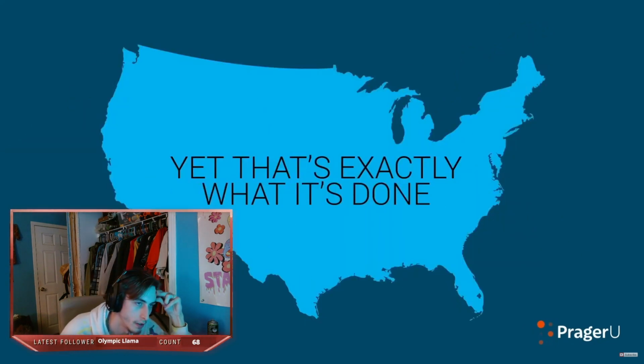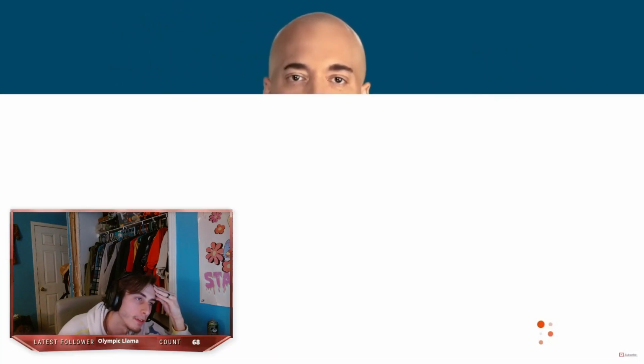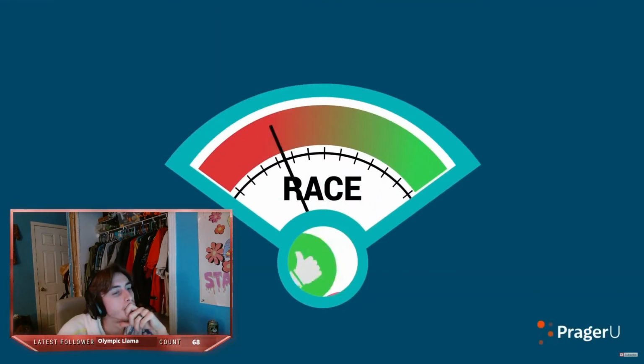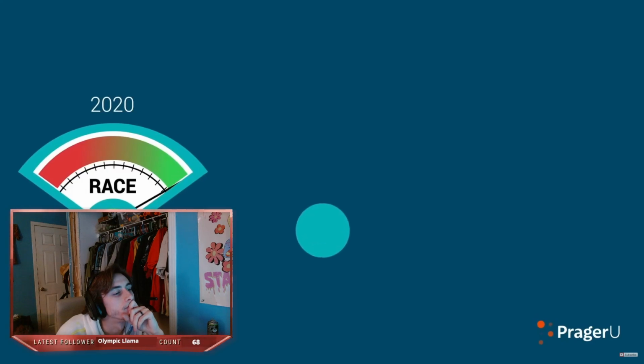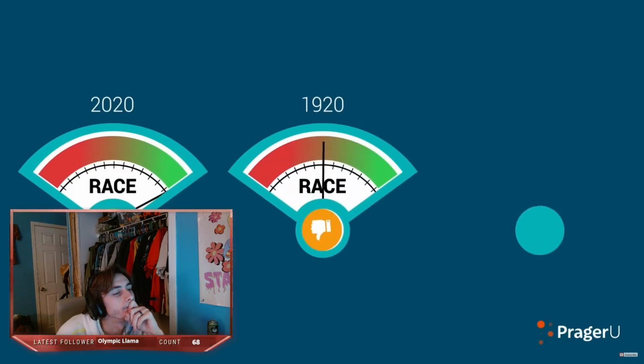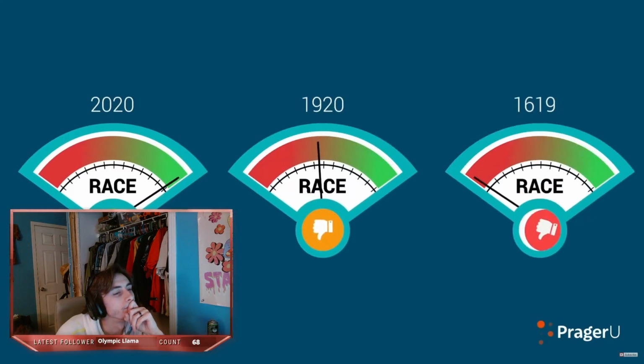Yet that's exactly what it's done. Today, America is the most successful multiracial country in history, the only white majority country to elect a black president twice. Of course, that progress has not always been smooth. There have been terrible setbacks. But to compare American attitudes about race today to America 100 years ago, let alone to 1619, is absurd.